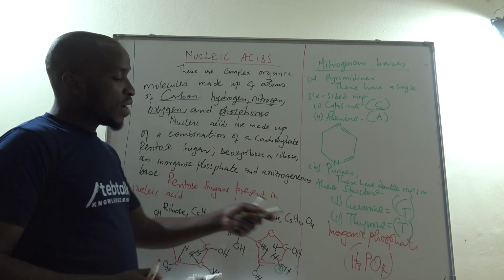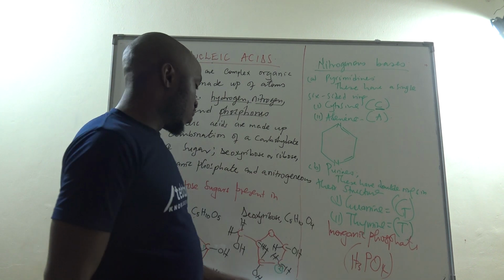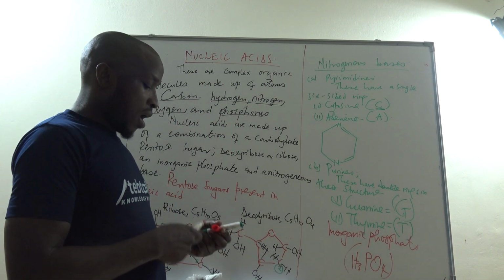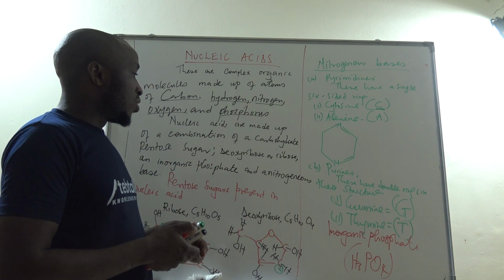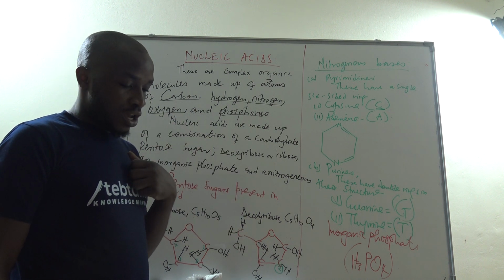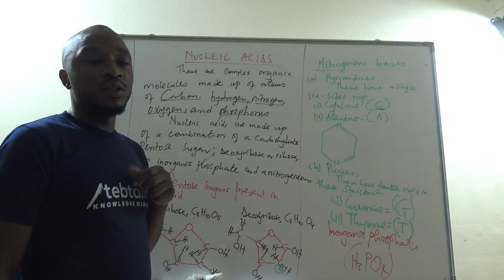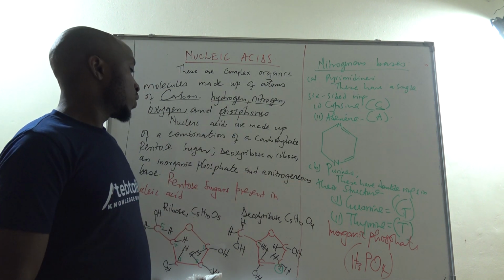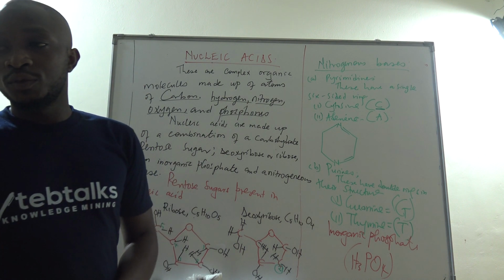So when a base unites, an inorganic phosphate unites, and a pentose sugar unites, we come up with something we call a nucleic acid. So in a subsequent discussion, let's come back and look at the structure of the simplest nucleic acid, which we are calling a nucleotide. How do these three components unite to make nucleic acids?